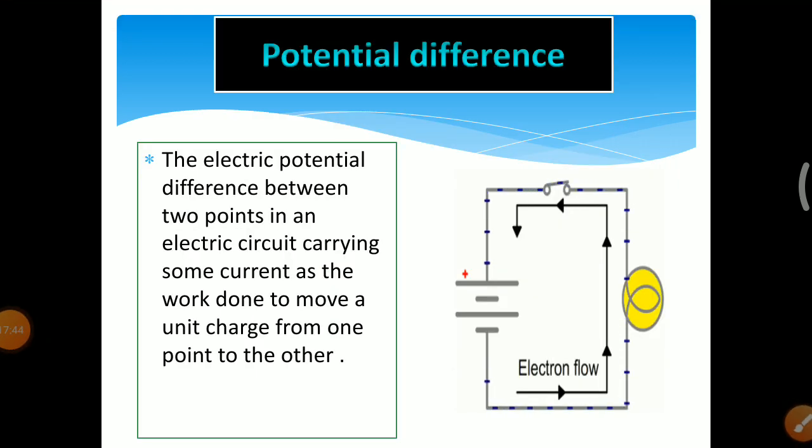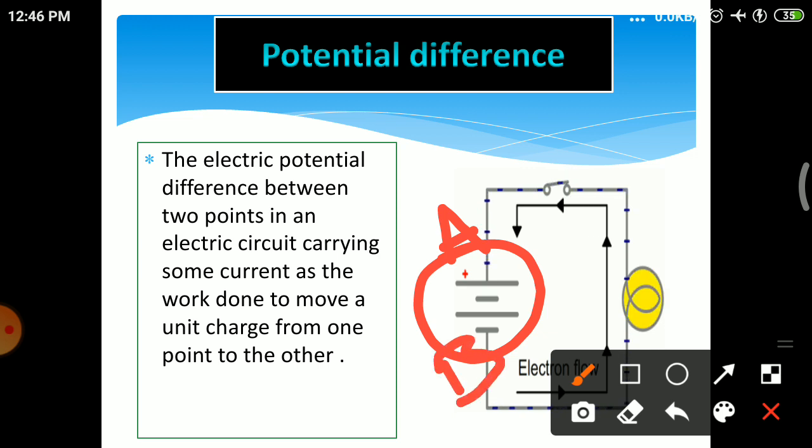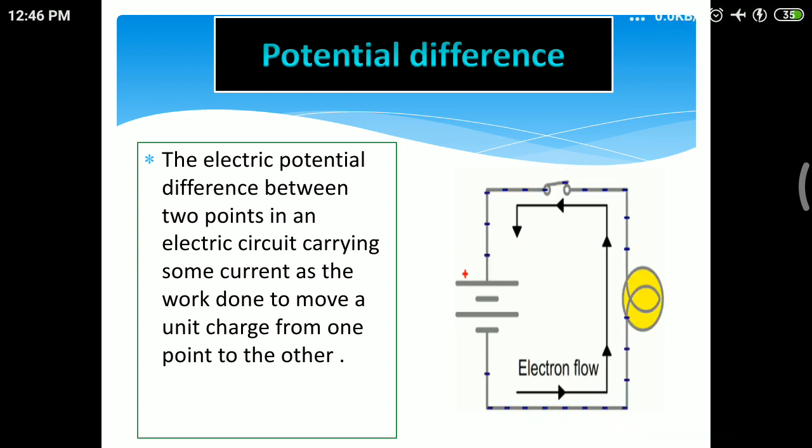Now we are going to see what is meant by potential difference. Here I connected a battery. So this battery gives a potential difference at the A and B ends so that the electrons flow from A to B. The electric potential difference between 2 points, the 2 points being A and B. See here, this is a conductor.